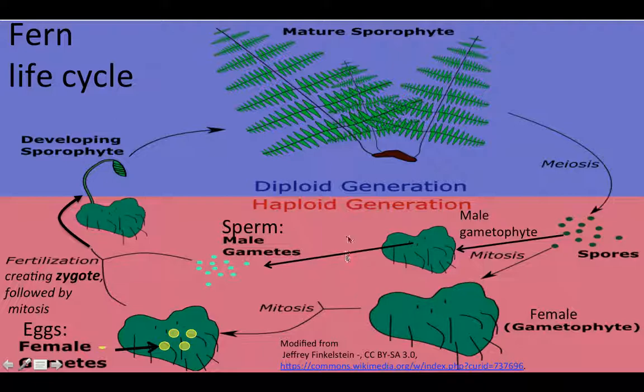We have a multicellular gametophyte, and that is our other generation. And so we have two different generations. As a result, this entire life cycle is called alternation of generations. This life cycle is essentially the same as it is for the lycophytes, with only esoteric differences.